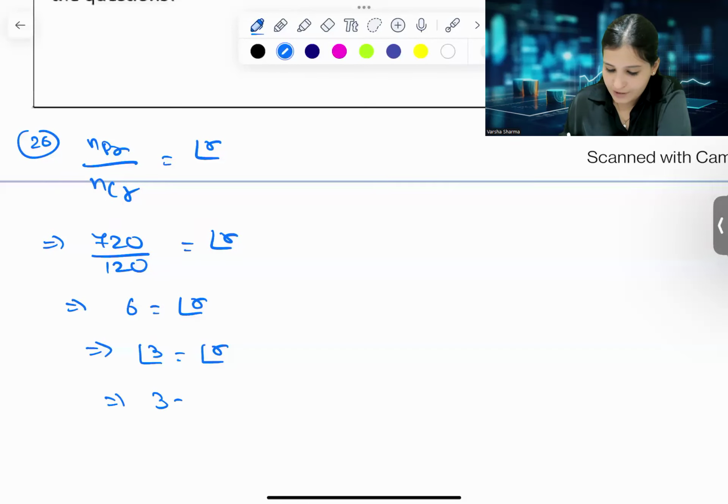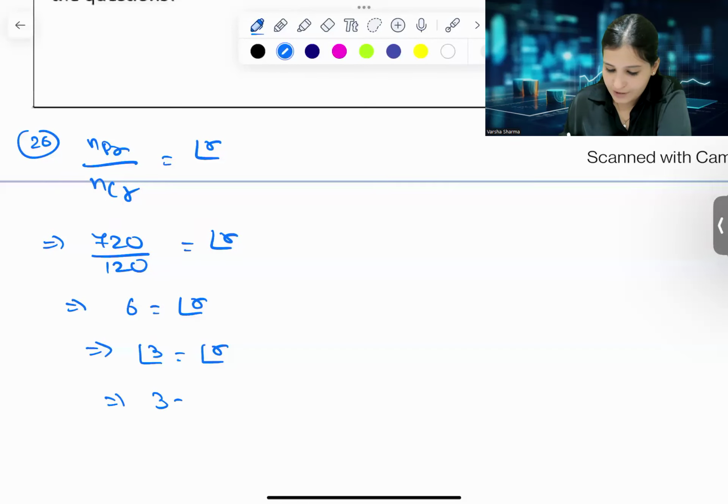27. Okay, it will be find n. So n plus 2 factorial is equal to 60 times n minus 1 factorial. Opening n plus 2 till we get n minus 1. N plus 2, minus 1 is n plus 1, minus 1 is n, then minus 1 is n minus 1.